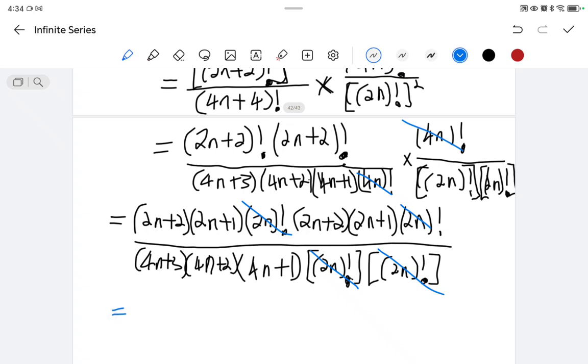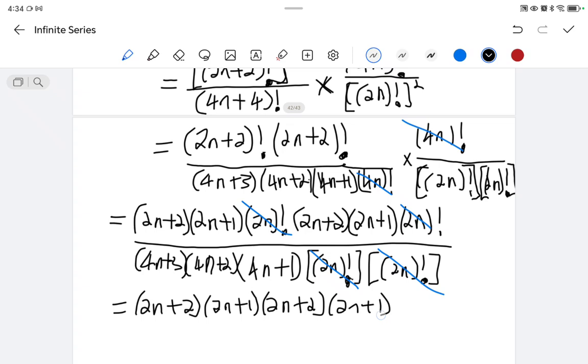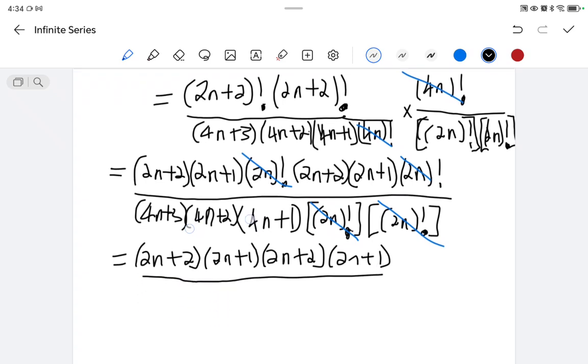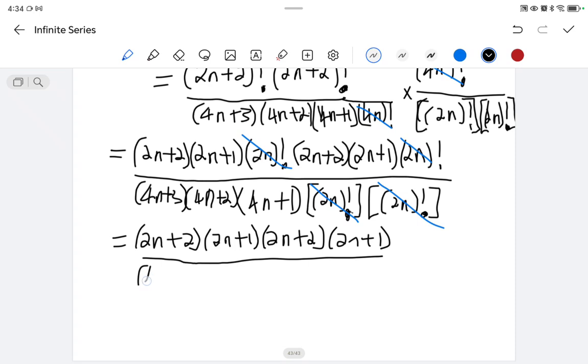So here I will be left with these ones without a factorial: 2n plus 2, 2n plus 1, 2n plus 2, 2n plus 1, all over, then here I'll be left with 4n plus 3, 4n plus 2, 4n plus 1. So if we check this, let me check which one I can try to factor out here.